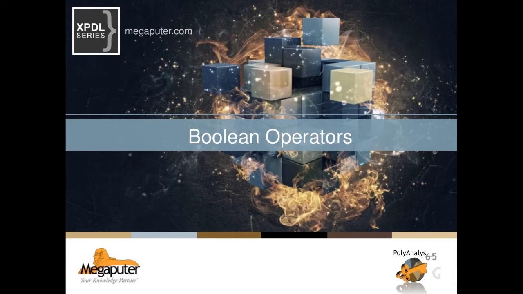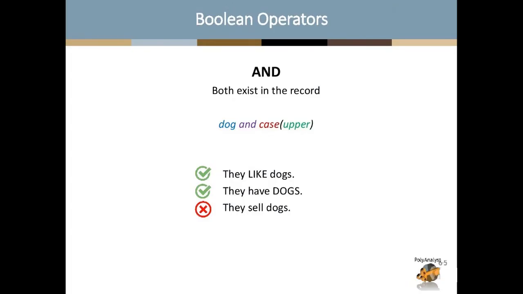Let's move on to operators. And let's start with Boolean operators. The first is AND. This is a simple Boolean operation that you're probably familiar with. This makes 2 queries join together, and it just makes sure that they're both matched. So if we look for dog, and here's a new function called case, we take an argument called upper, so this looks for things in uppercase.